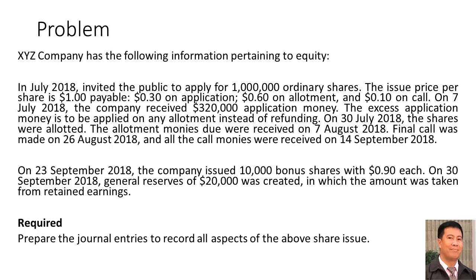On 23rd September, we have issued bonus shares for 90 cents, and then 30th September, general reserves was created for $20,000. Okay, so let's go on to the first journal entry.